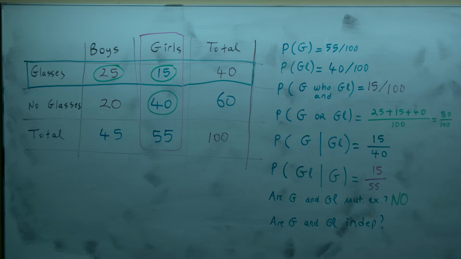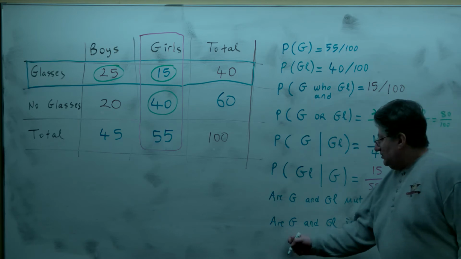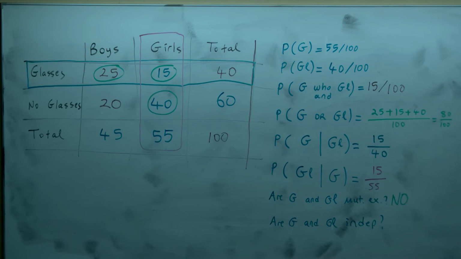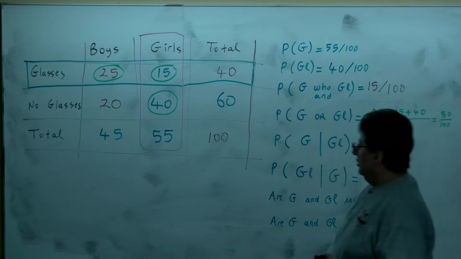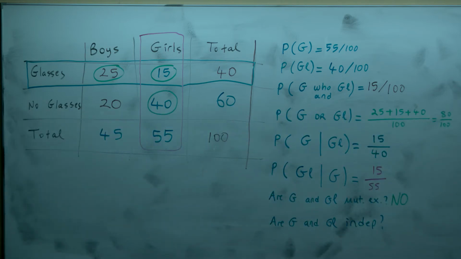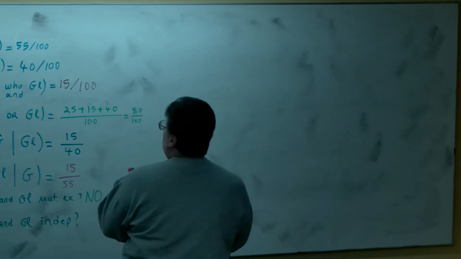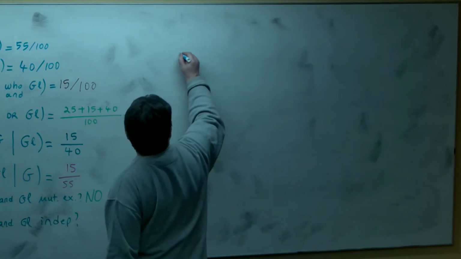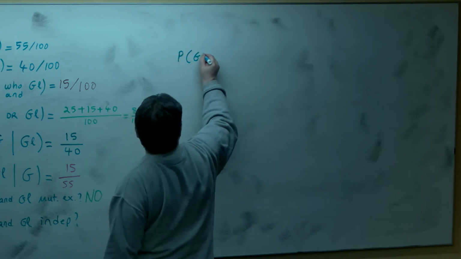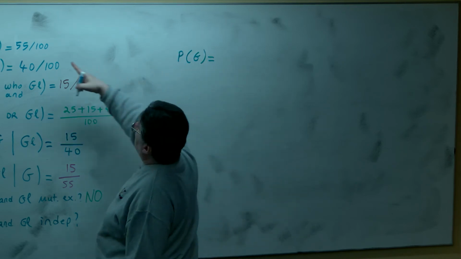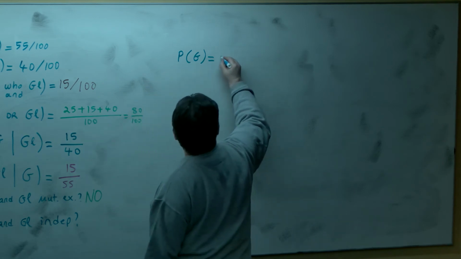Now, when we say, are the events of being a girl and wearing glasses independent, now we have to calculate. So let's calculate. What is the probability of being a girl? That is 0.55.